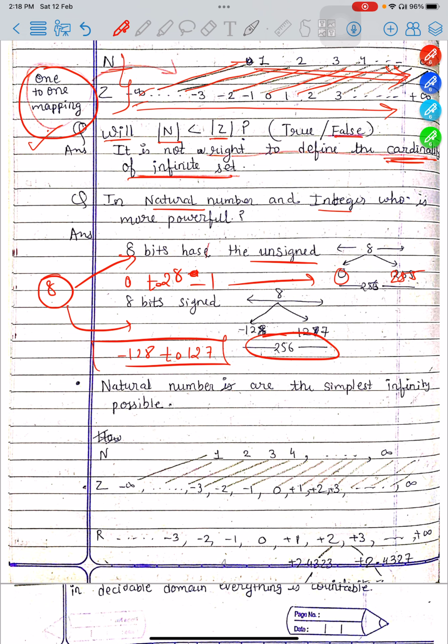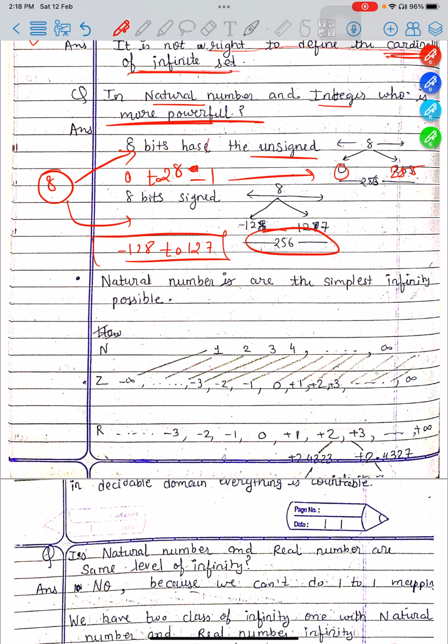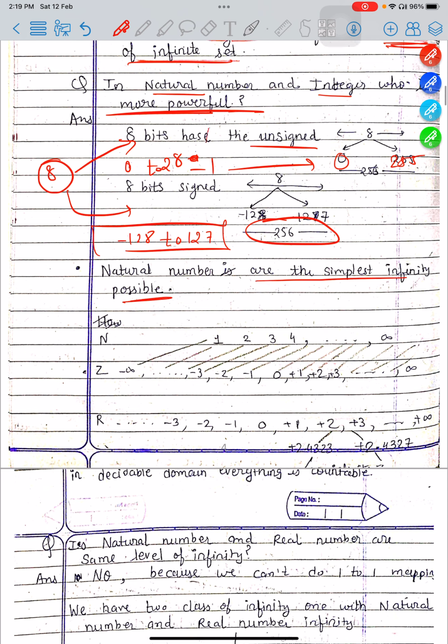So they both have the same power. Natural numbers are the simplest infinity possible.